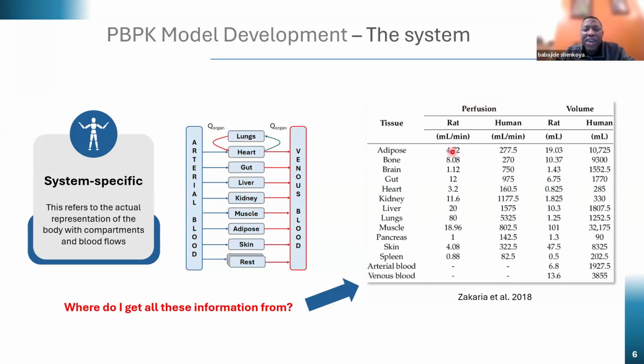So we have all these values already defined in the literature. Some people have done the studies, they have reported the values. All I need to do is just to take those values and use them in my model. So you can see we have for human, we have for rat. So if I'm using this paper, for example, and I'm building for human being, I have to neglect the one for rat and go for the one for human being. Okay? So now that we have mapped parameters that we need for us to set up the system, let us now look at parameters needed to set up the compound.